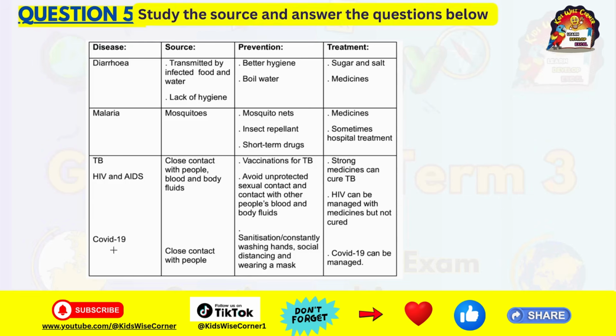Next, we've got COVID-19. Its source is close contact with people. Prevention is either through sanitization, constantly washing your hands, social distancing, and wearing a mask. The treatment is COVID-19 can be managed.